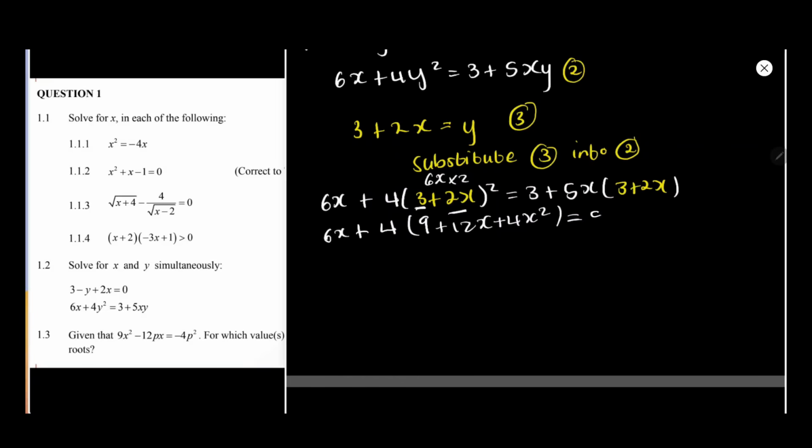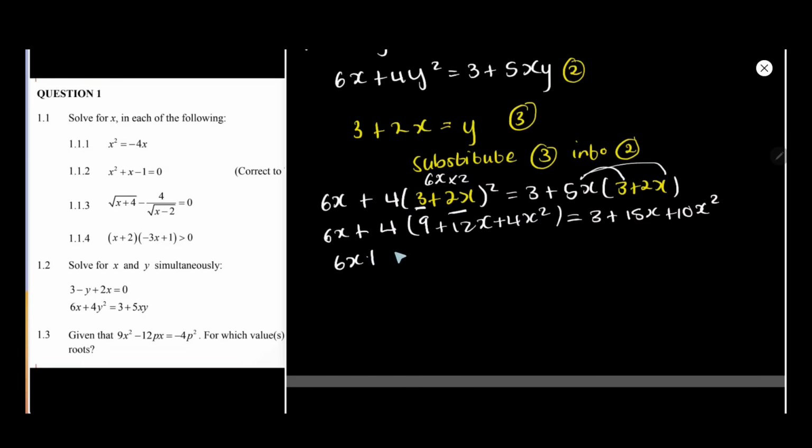Okay, and then we have a 3. We have a 3 and then plus 5 multiplied by 3, that is a 15x, and then 5x multiplied by 2x, that is going to be positive 10x squared. Okay, so let's just multiply out what we need to multiply out.